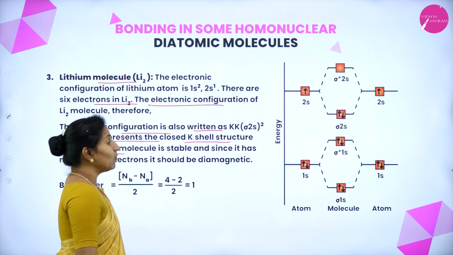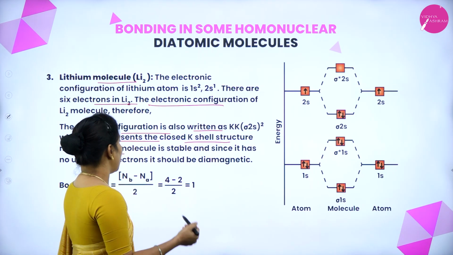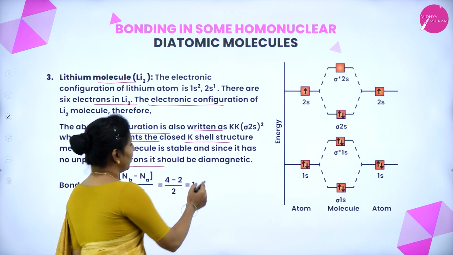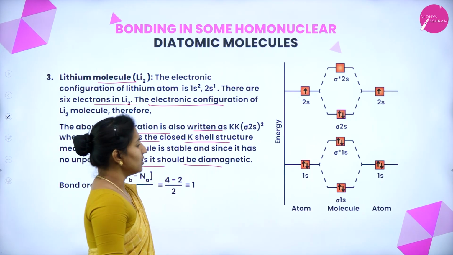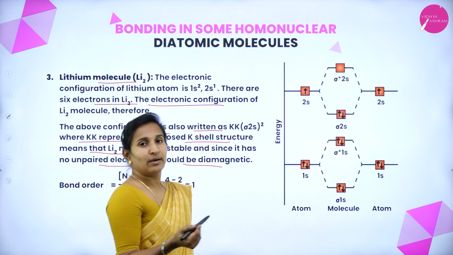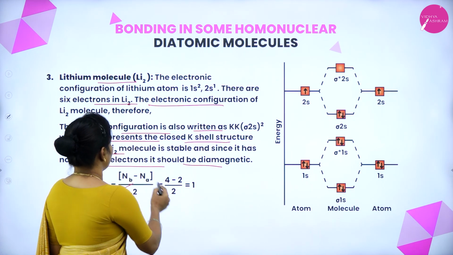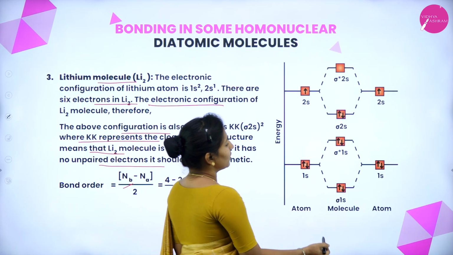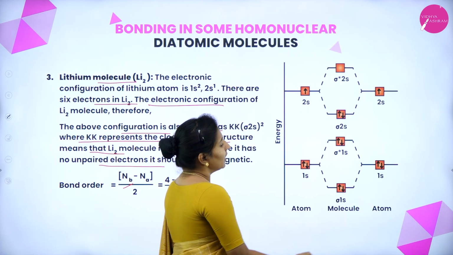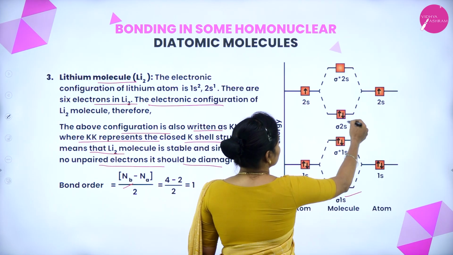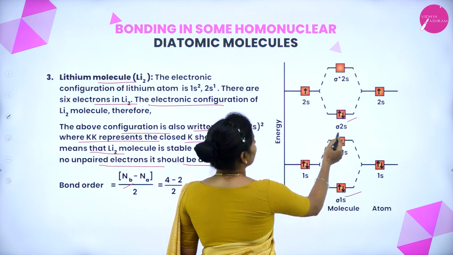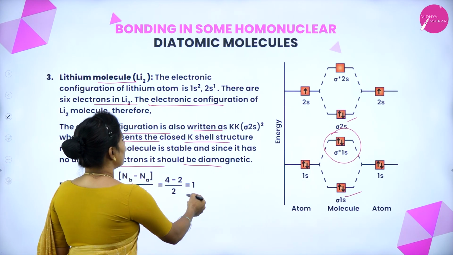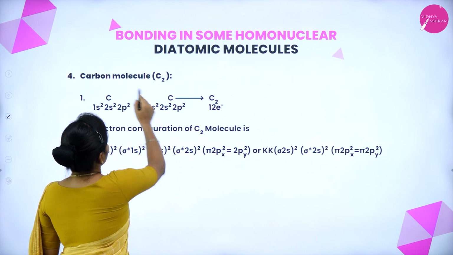That means the lithium molecule is stable, and since it has no unpaired electron, it should be diamagnetic. When we calculate the bond order, the number of electrons in bonding orbitals is 4 and the number of electrons in anti-bonding orbitals is 2, and the bond order is 1.